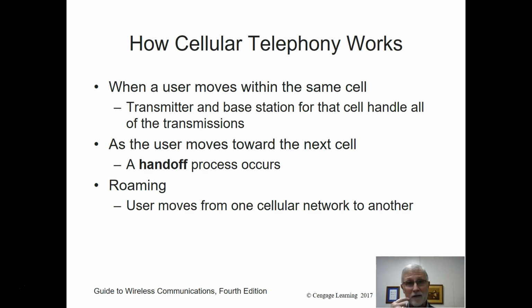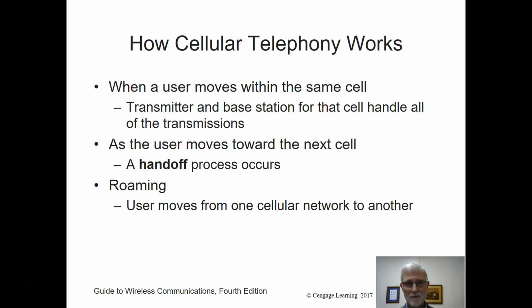But in a lot of cases, I've talked to my wife the whole way home. And as I'm moving home, I'm handing off, transitioning my call from one tower to another. Now, you can also roam, going from one network or provider to another.